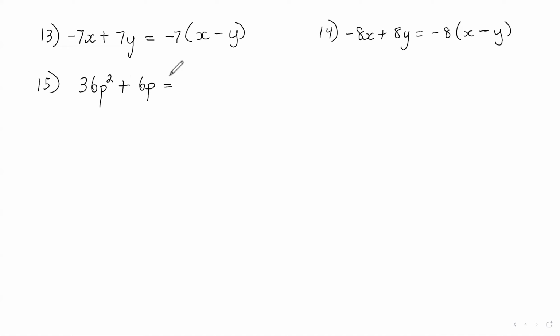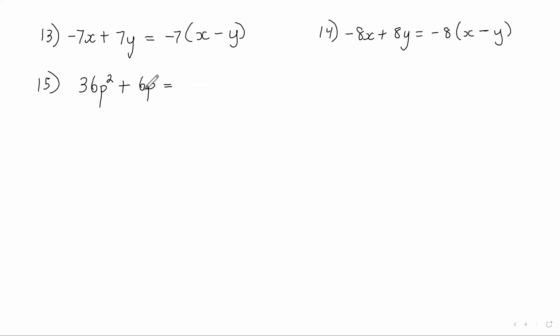What do you think is the highest common factor there? 36, because 36 can't go into 6. Well, it would have to be 6, because remember, it has to be able to go into 6 as well. So it'll be 6. And then what about the p's part?